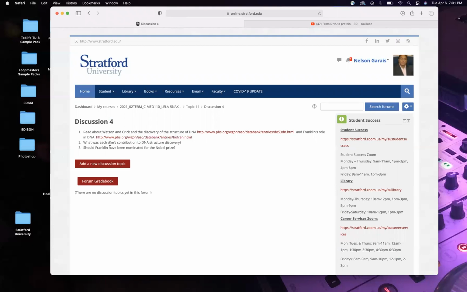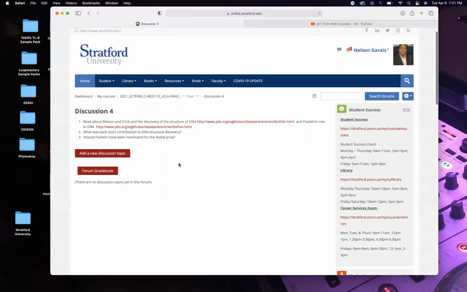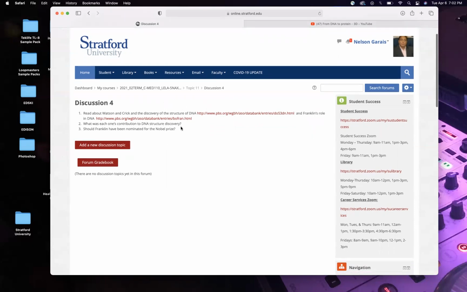Ms. Franklin, I forgot her first name. They kind of plagiarized off of her research, and just do quick short answers. And of course, where did you get the information from? Do you believe Watson and Crick should have gotten the Nobel Prize for chemistry and biology, or should it have gone to Ms. Franklin?